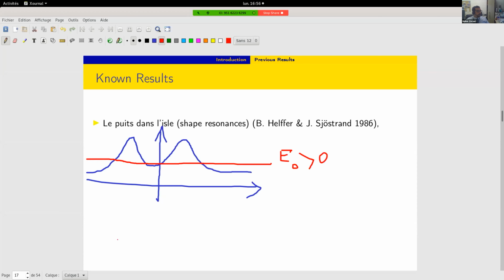And here, in the cotangent space of Rn, it's a point which corresponds to this point. So this is the local minimum of the potential, okay, the point.